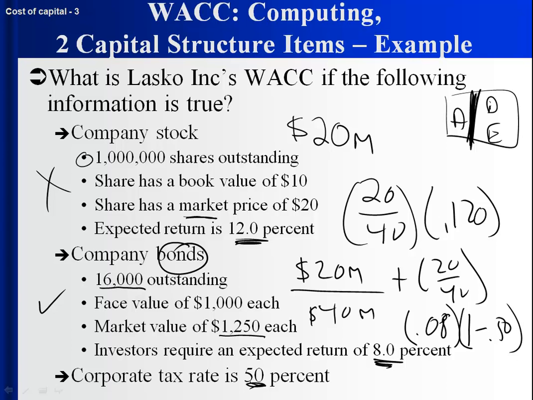Let's say they pay out 8%, that lowers their taxable income by 8 percentage points, and therefore, since the tax rate's 50%, they get to save half of that in taxes. And if you do the math on that, you find out that the answer is equal to 8%.